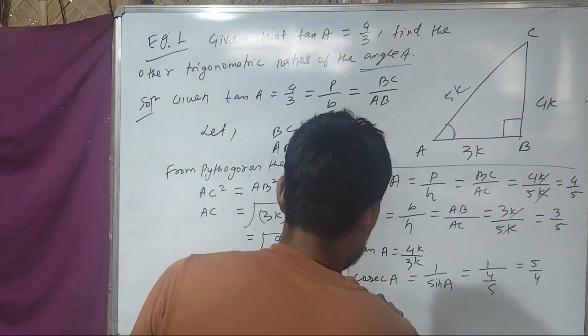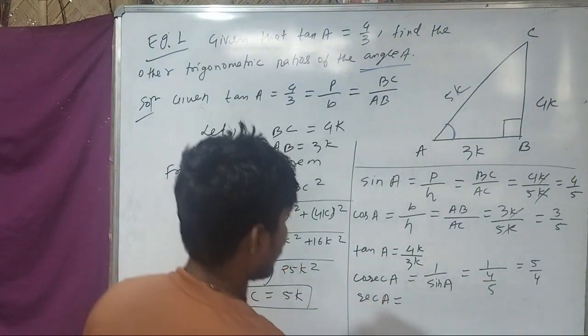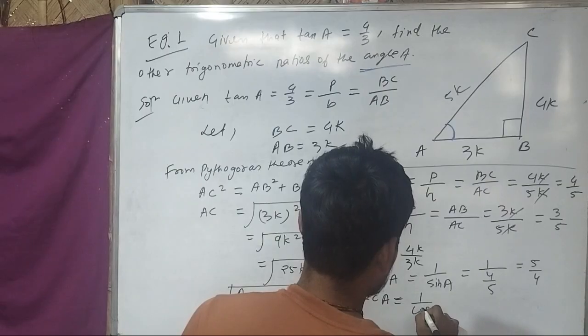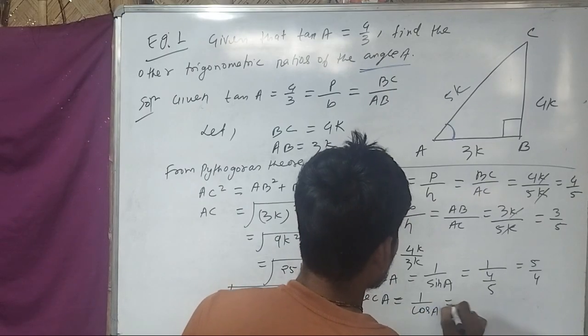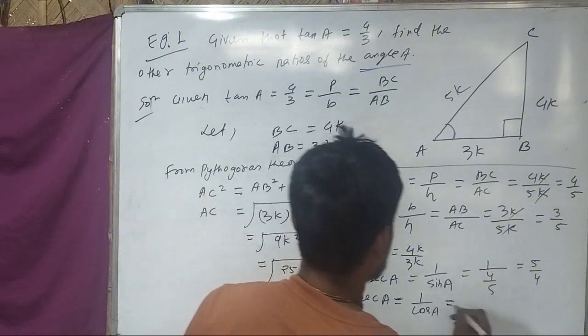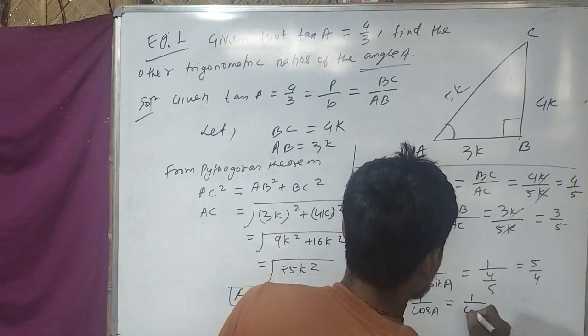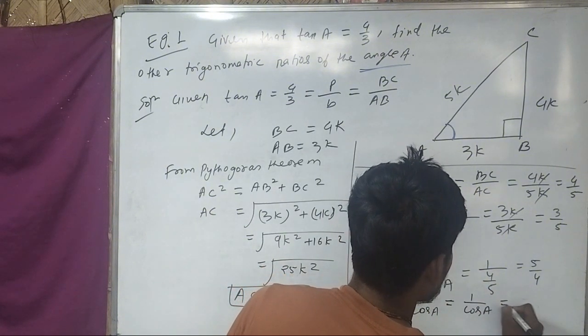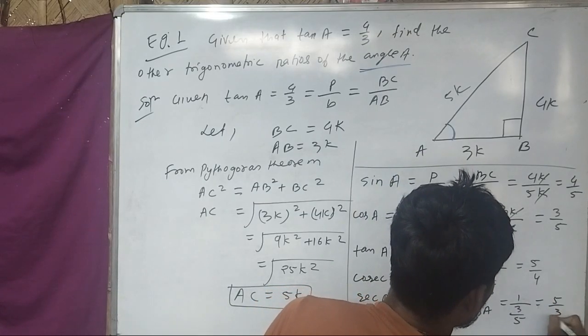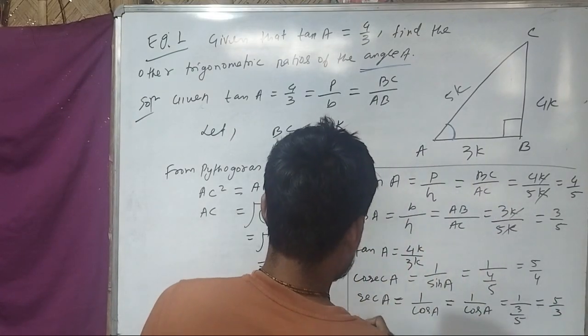Sec A means 1 by cos A, that is 1 by 3 by 5, which is 5 by 3.